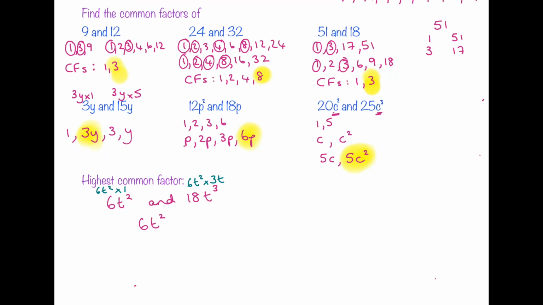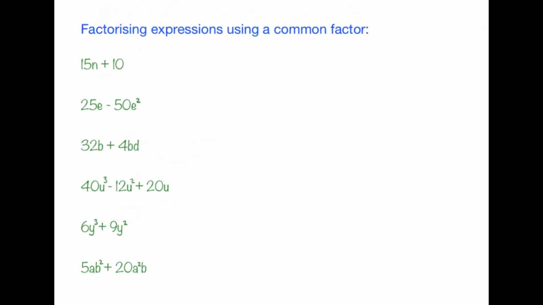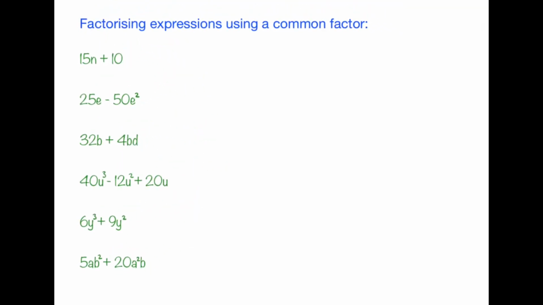Okay, so let's go on then, and we'll just factorise these expressions using a common factor, and then you'll be able to practice. Okay, so first one then, 15n plus 10. Well, when we factorise that using a common factor, we need to find the highest common factor. So it's only going to be a number because we don't have any letters in the second term.